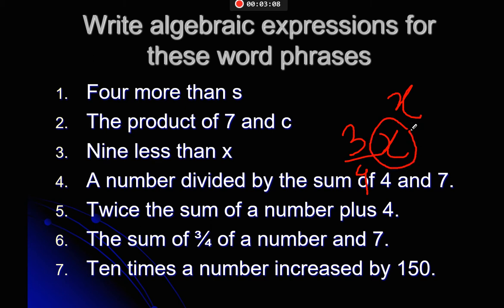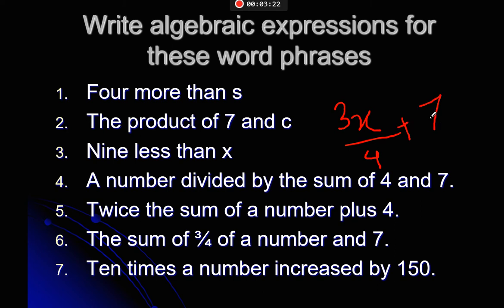So finally we can write 3x by 4 plus 7. This way we have to use the variables, constants, operators, and coefficients, and we can write down the algebraic expression based on the given condition.